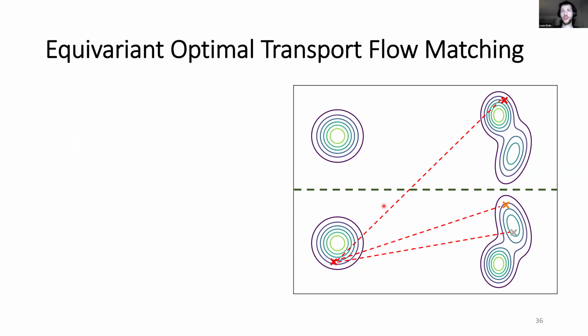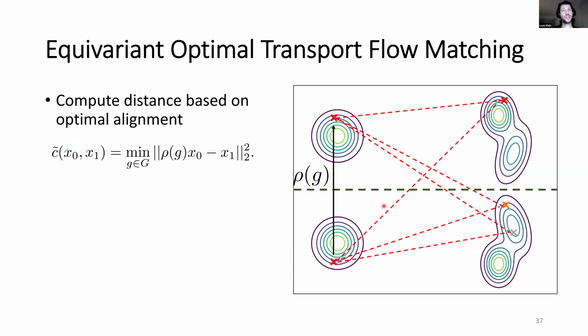However, because this prior distribution is invariant and the probability of the sample under reflection doesn't change, we could also evaluate the distances based on this sample. So we are not computing the plain distance, but we're computing the distance based on the optimal alignment between each pair under our symmetry group. So in this case, for example, these 3 here would be the distances we would then have.